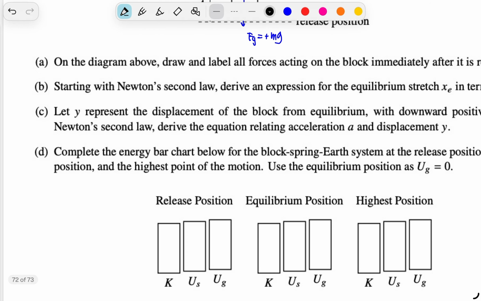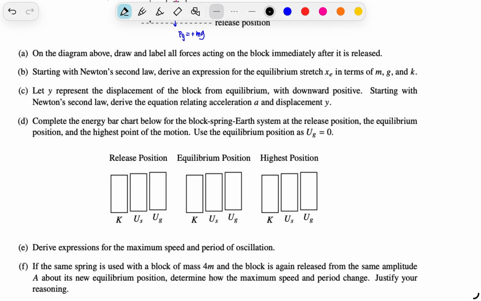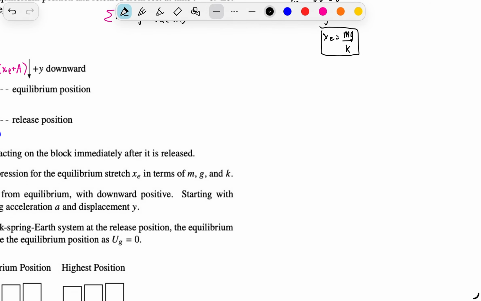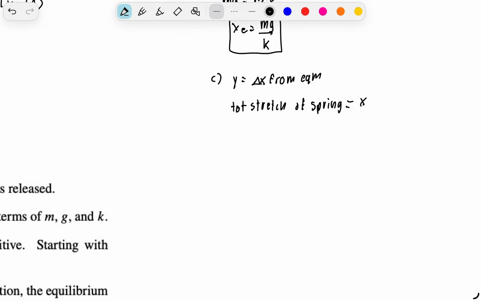Now for part C, we were asked to let y represent the displacement of the block from equilibrium, with downward being positive. Starting with Newton's second law, derive the equation relating acceleration and displacement y. So you have that the total force is this.